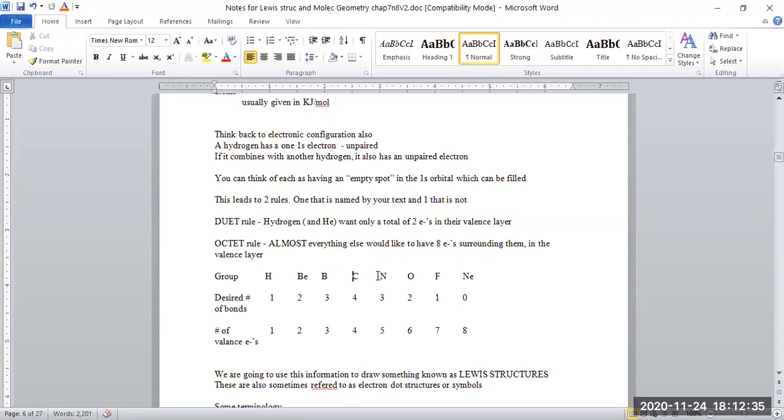And I did an enormous amount of cutting and pasting images into this particular notes file so that as we go through them next week, we can look at a whole bunch of different molecules and how the Lewis structures are drawn.